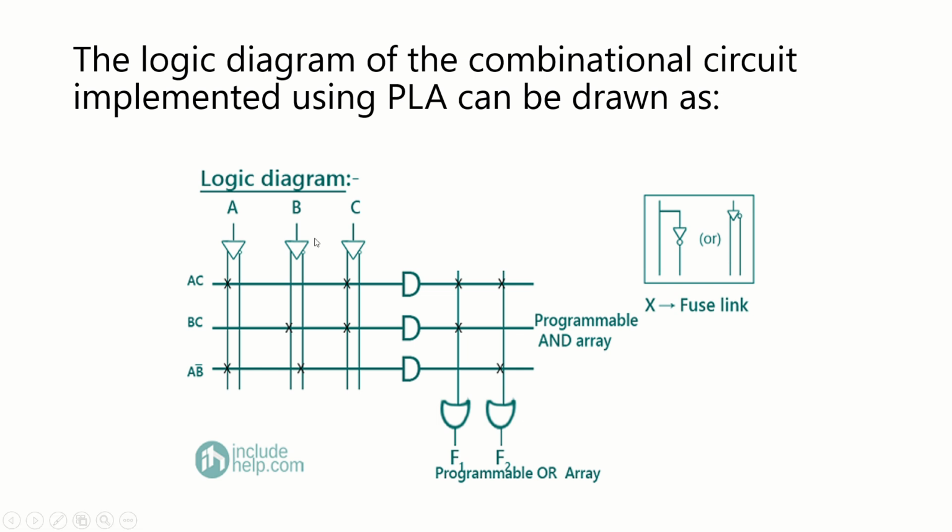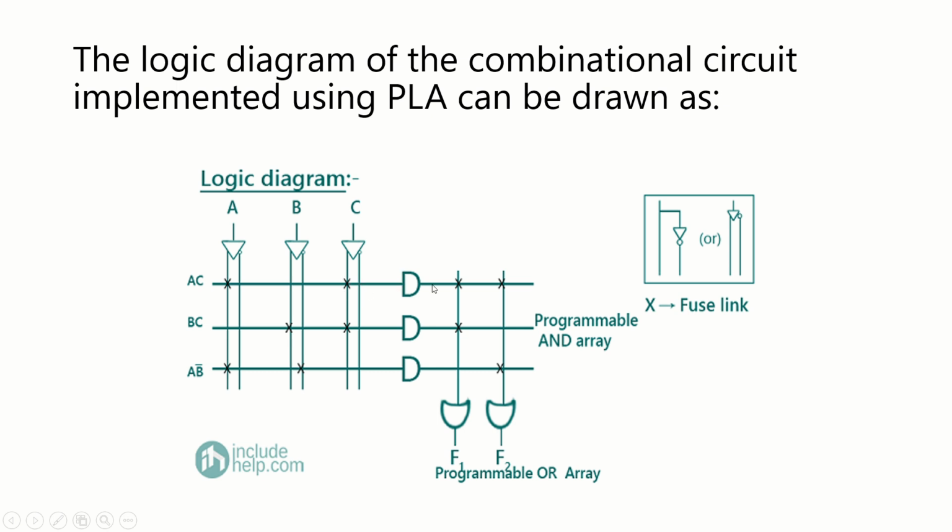After that draw a logic diagram in the same manner which we did earlier, where we'll have three inputs A, B and C. This is an input buffer. From this terminal we'll get A, from this terminal we'll get A bar, B, B bar, C, C bar. So we have three product terms: AC, BC and A B bar. This is A and C, so under A place a cross mark, under C place a cross mark.